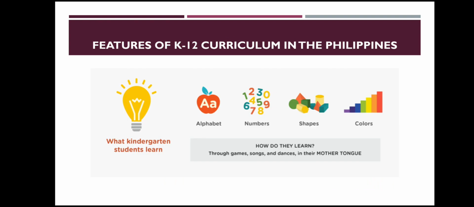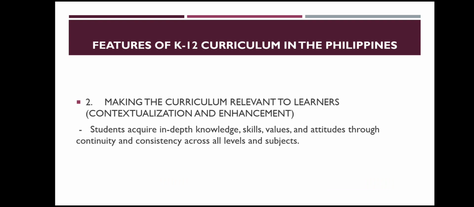So let's say the alphabet, numbers, shapes, colors. This is normally the first information that they need to study as early as kindergarten, the primary school. So through games, songs, and dances in their mother tongue. So they use mother tongue at the beginning.